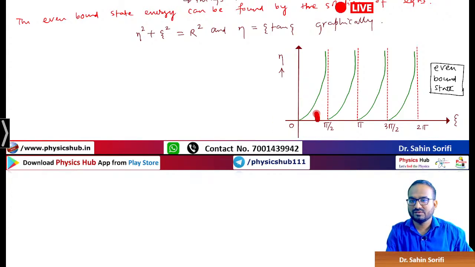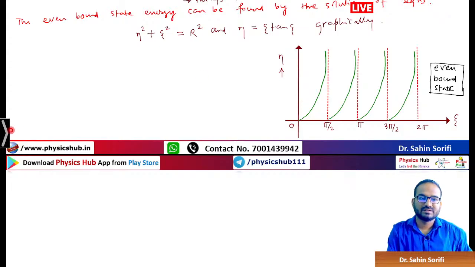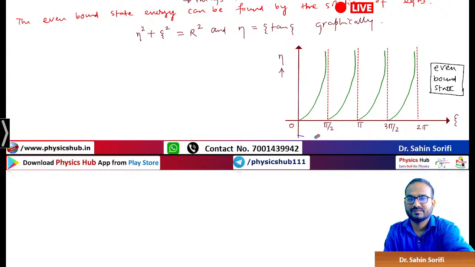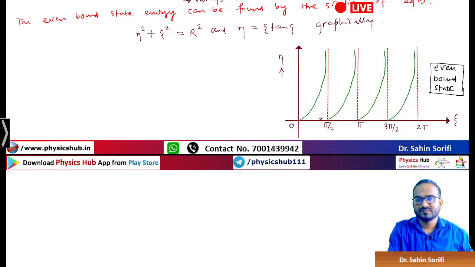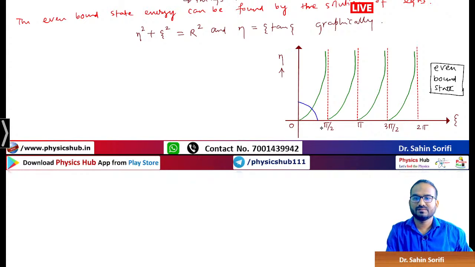So when the radius is between 0 to pi by 2, it will be like this. So you can see it is cutting the curve at one point.